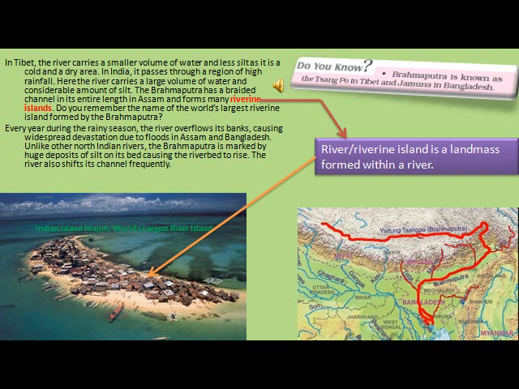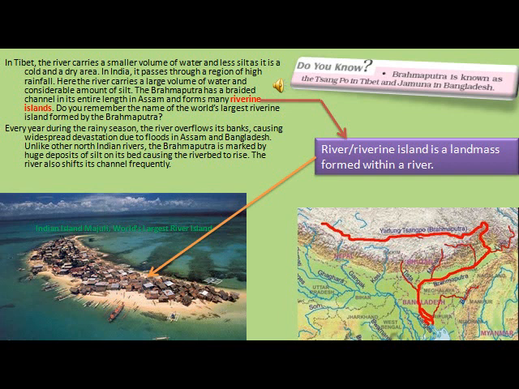Do you remember the name of the world's largest riverine island formed by the Brahmaputra river? A riverine island is a landmass formed within a river, and the largest riverine island is Majuli.